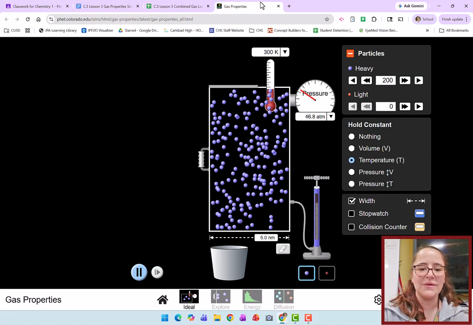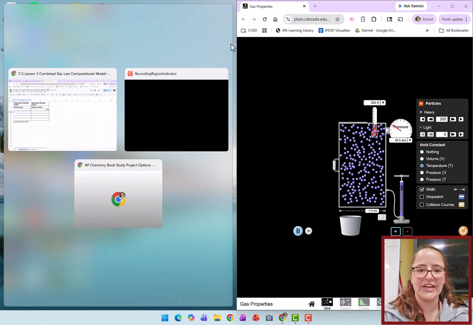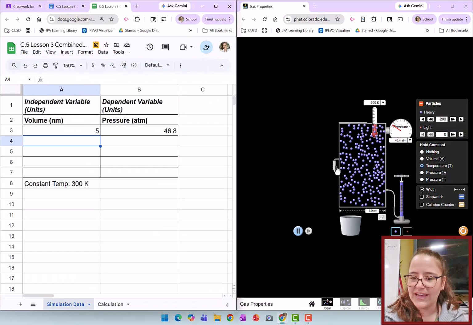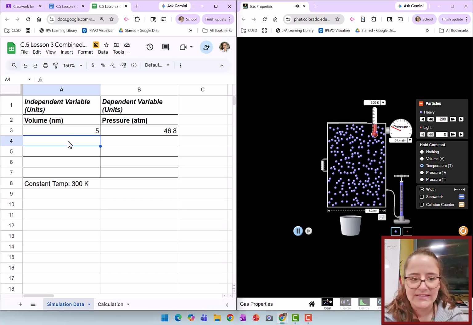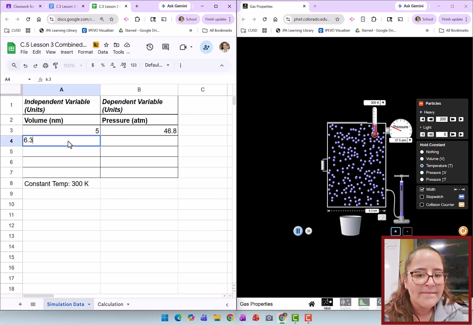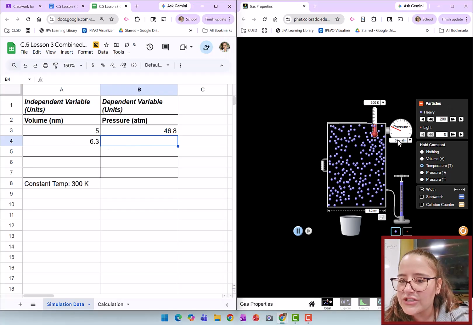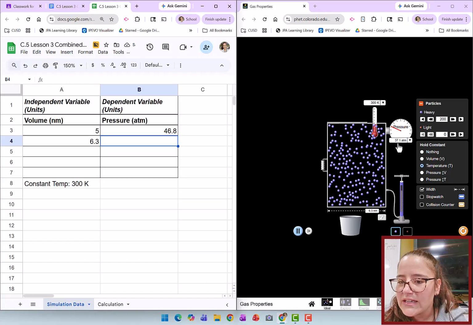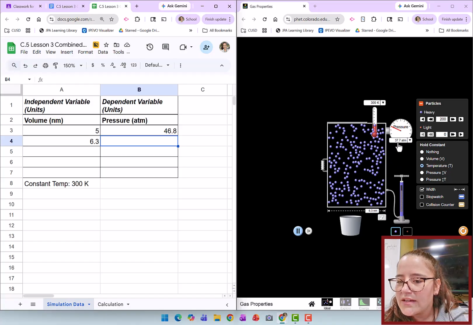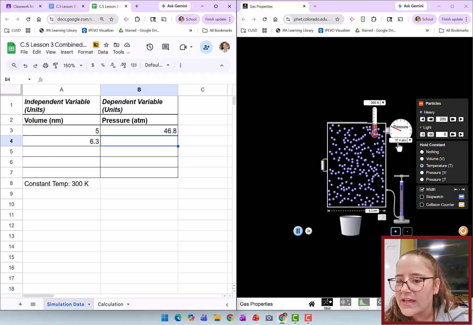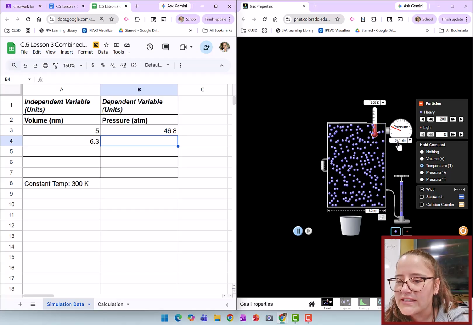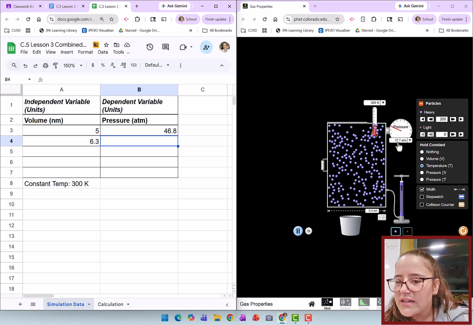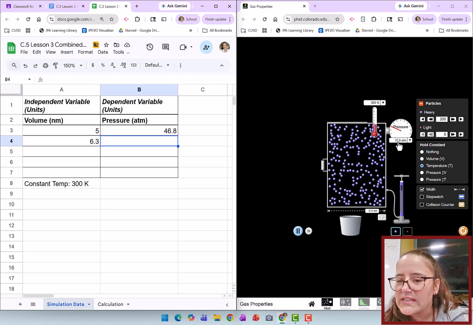Now let's get the rest of the data. I'm going to split my screen here. Pull it out a little more. Now it's at 6.3. And my pressure right here, it looks like it's still going up a bit. Now it's staying right around 37, up to 37.7, back down.